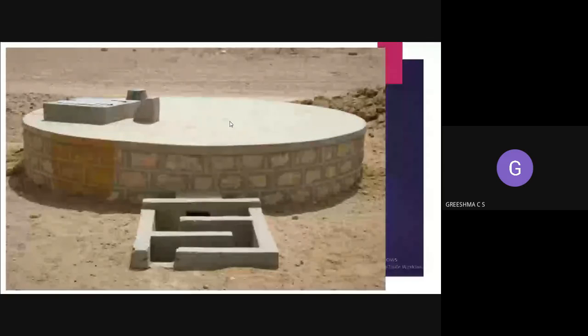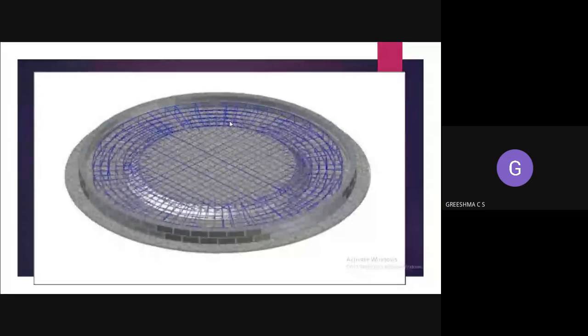In a circular slab we mainly have two types of reinforcement. The first one is circumferential and radial reinforcement, and the second one is the mesh reinforcement. As you can see here, this radial and circumferential reinforcement will be provided at the edges.